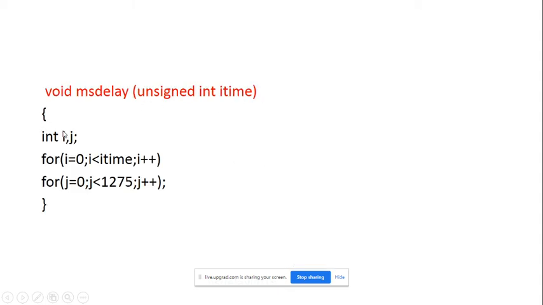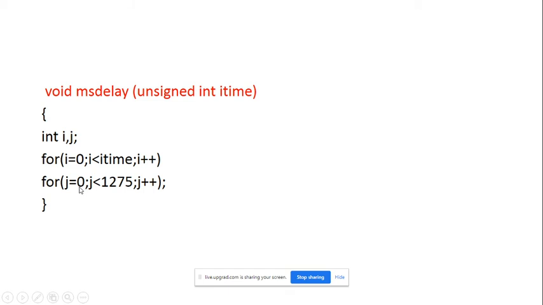Within this function you are using two variables, one is i and the second one is j. Now this i is moving from 0 to 10 because itime is 10 here. Suppose I place 20, it becomes 20. Suppose it is 50, it becomes 50, meaning i varies from 0 to a particular number.